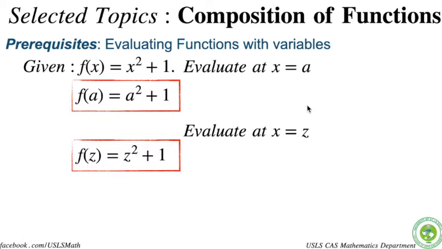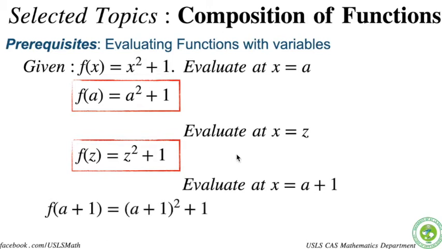How about this? Let's evaluate it at a plus 1. So in f of x equals x squared plus 1, this particular x will become a plus 1. Imagine this x here will become a plus 1. So f of a plus 1 is equal to a plus 1 quantity squared, plus 1. That plus 1 is part of the original function, so we need to copy that.